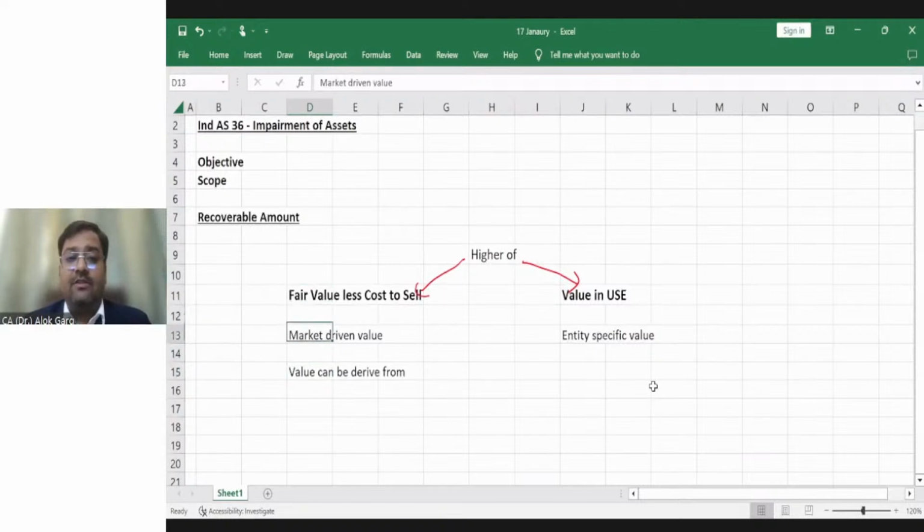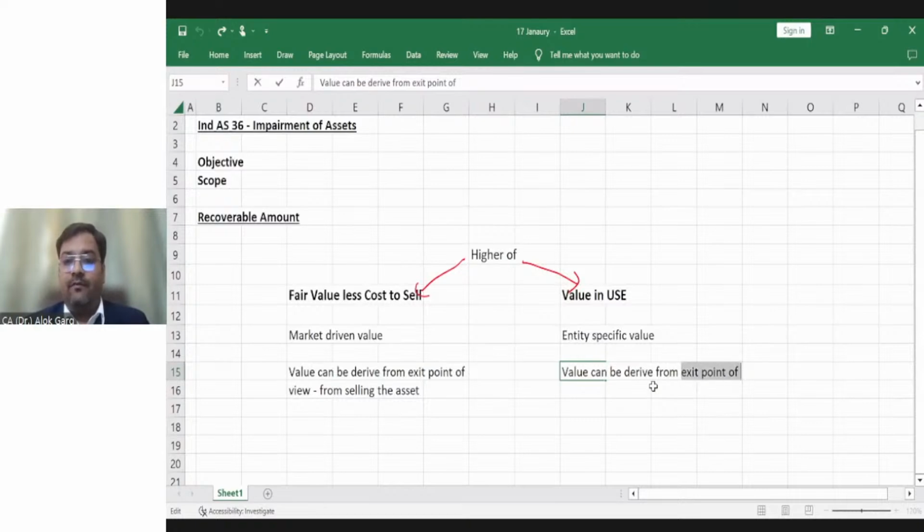So in case of fair value less cost to sell, the value can be derived from the exit point of view. What is meant by exit point of view? It means from selling the asset. If you have to sell the asset, what is the value? In value in use, the value can be derived from the continuance point of view.